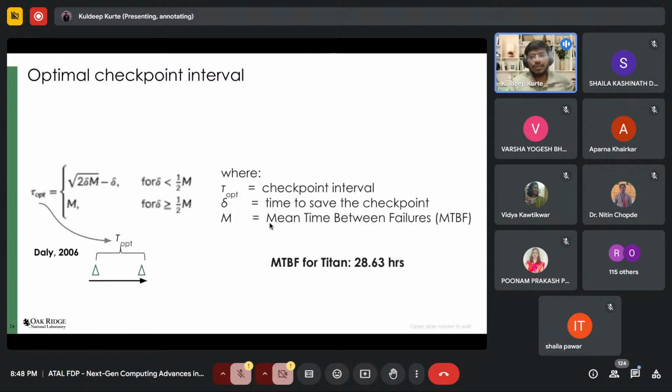And this M is actually the mean time between failures. This M value is specific to the HPC computing facility. This M is very much specific to the Titan supercomputing. As the name suggests, it is the average time between two historical failures that was recorded in the facility's log.